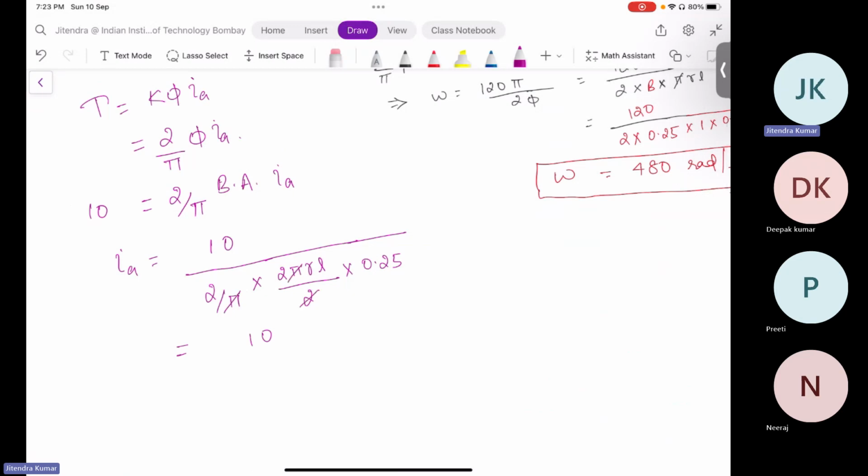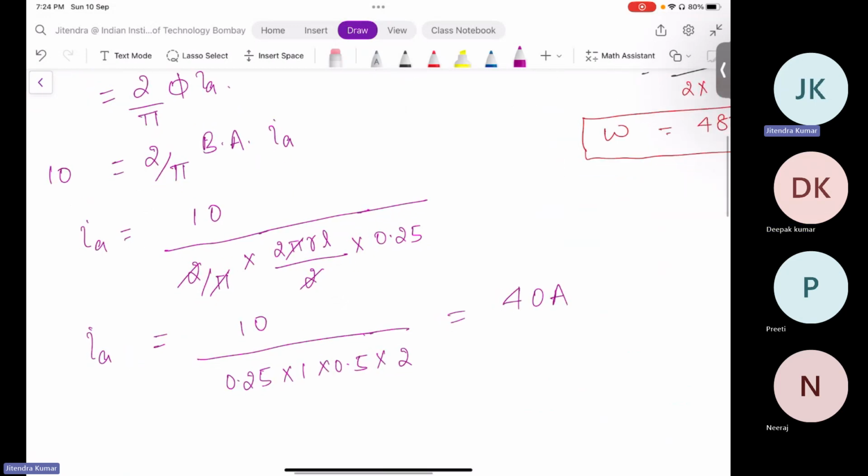Pi will be cancelled, 2 will be cancelled, then by 0.25 into 1 into 0.5 into 2. So it will come out to be 40 amps. So at 10 Newton meter, either you are drawing or supplying, the terminal current is 40 amps. I hope it is clear.